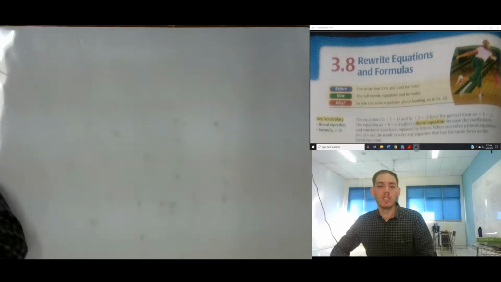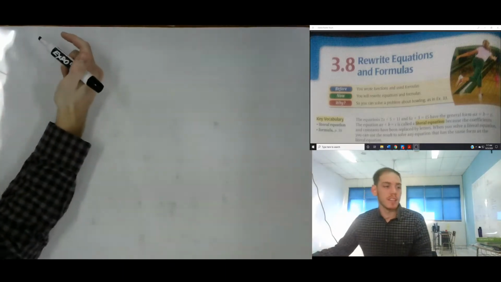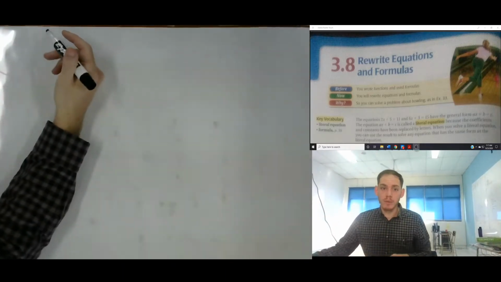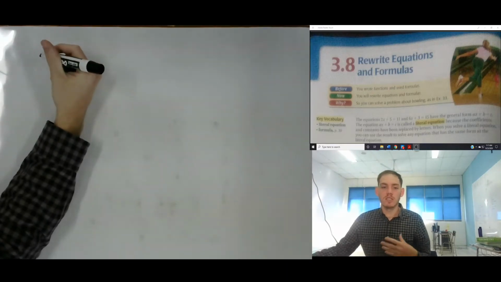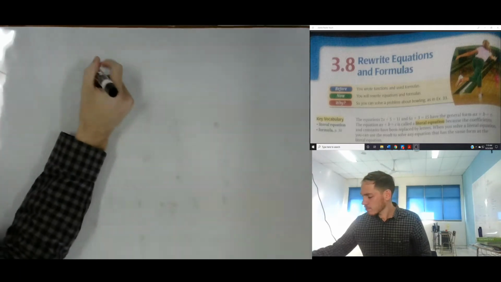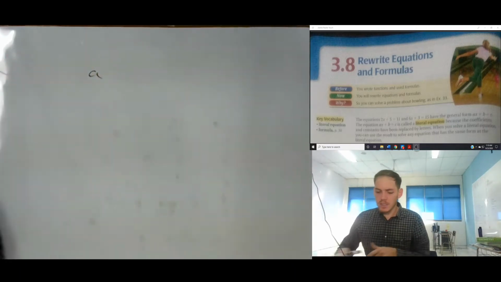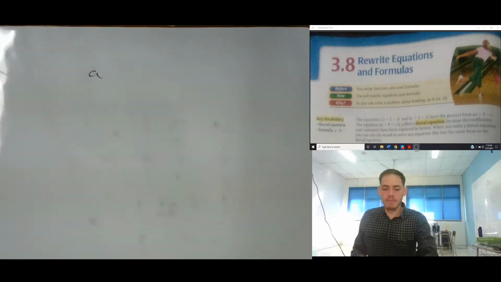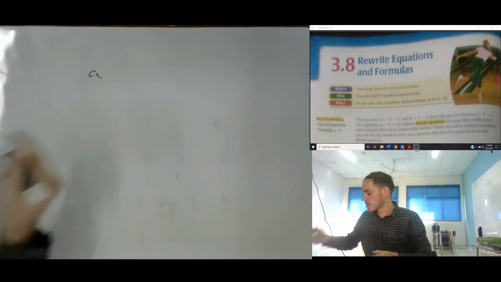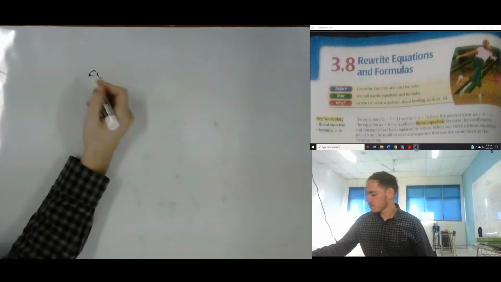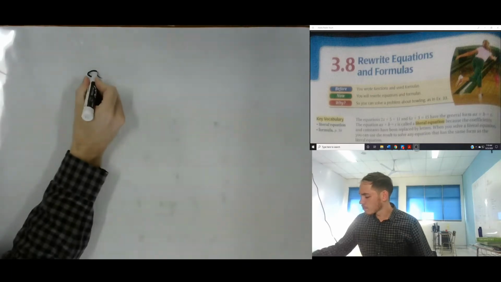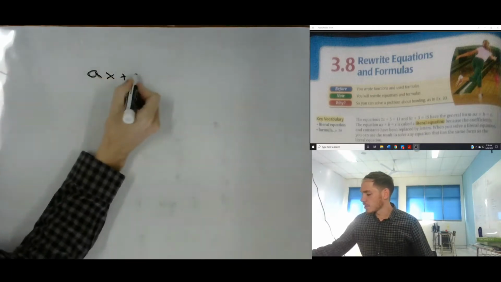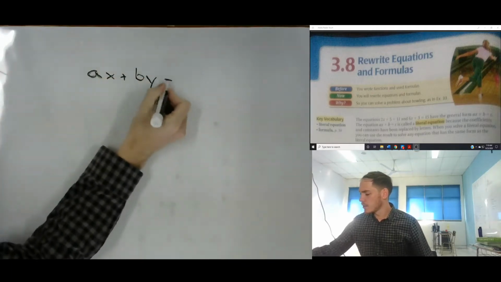Okay, so we're going to be talking about 3.8 and rewriting equations and formulas. Now we need to know that a literal equation is going to be with coefficients that are letters. An example of this would be ax plus by equals c.